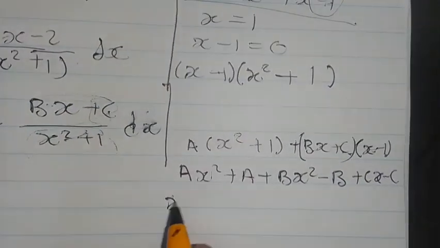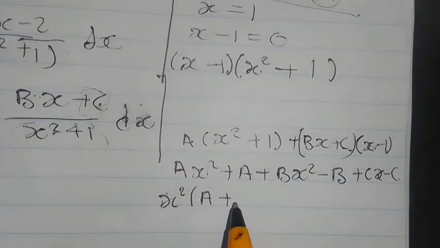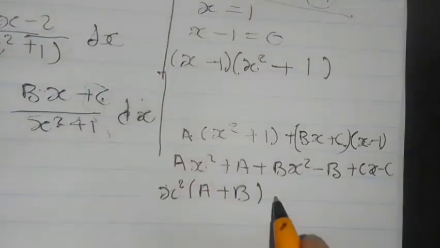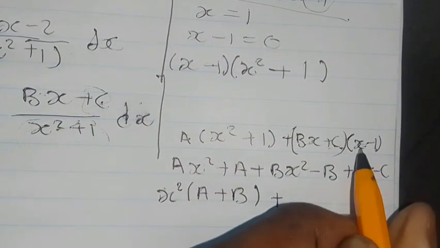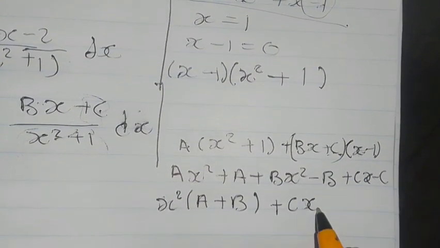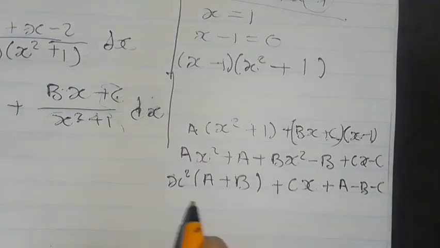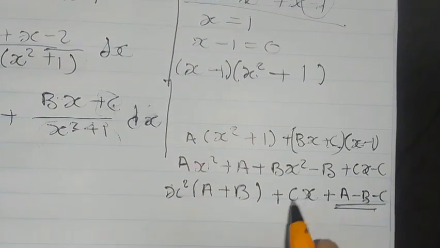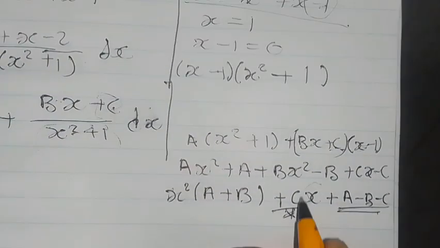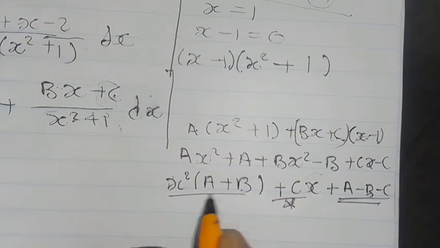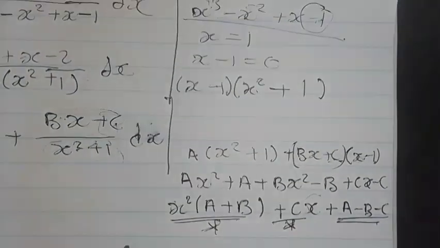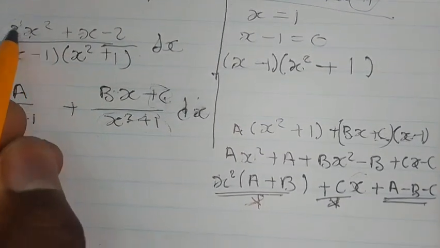Then you group by x squared, then you have x squared into a plus b, right? And then you group by x, it's only one term that contains an x, which is just cx. And then you group by the constant, you'll have a minus b minus c. This is constant, this is a factor of just x here, and here is for the x squared factor.